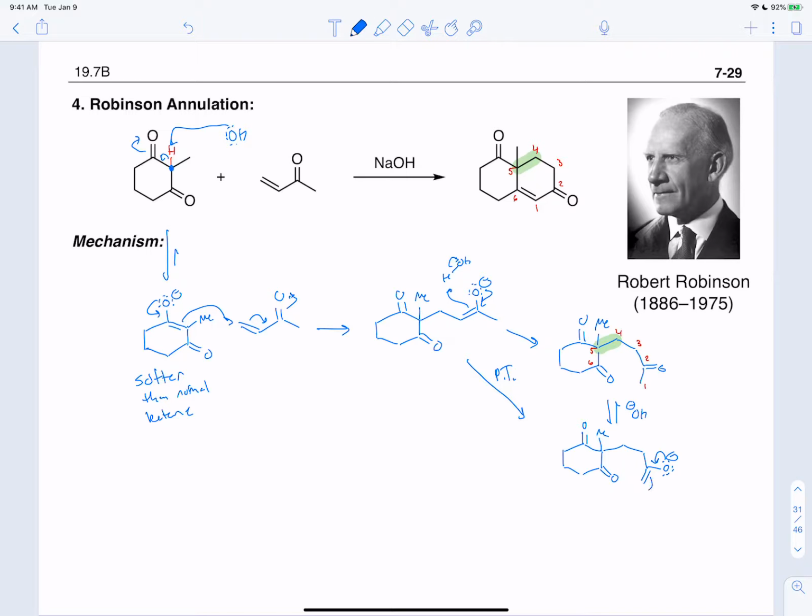Now this enolate can do an intramolecular reaction with this ketone. Note that you could have had it attack this other ketone and it would have given the same product because there is a plane of symmetry, so this would have given the same product attacking either one. But since the product has the lower carbonyl reacting, I'm going to show this one as well.